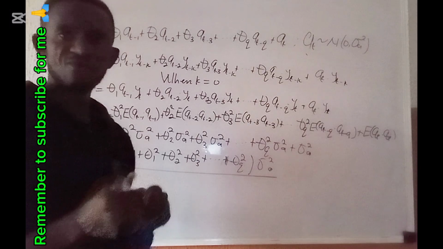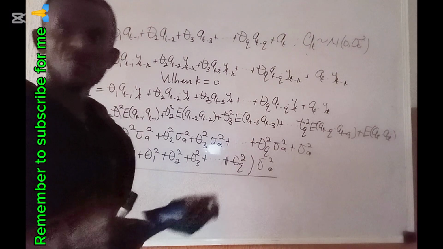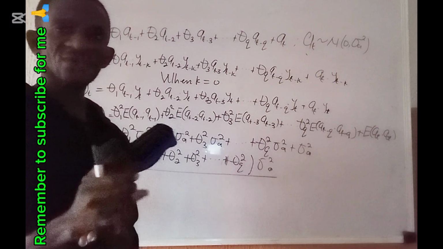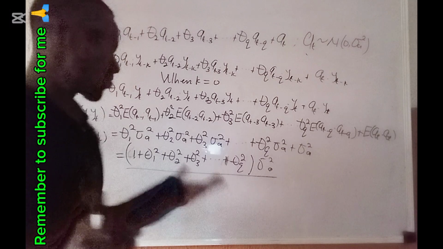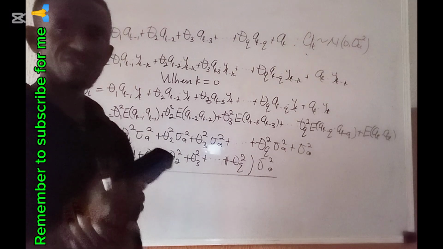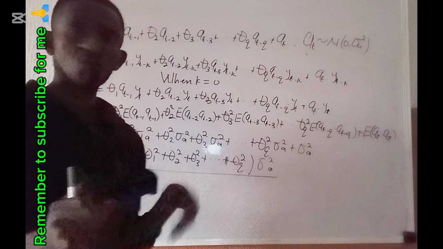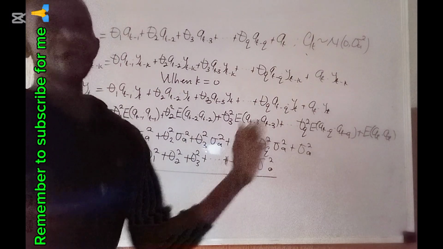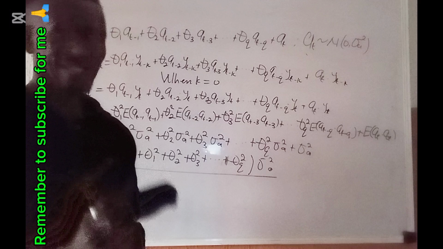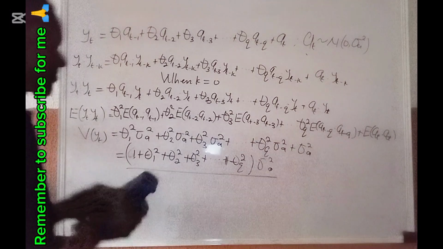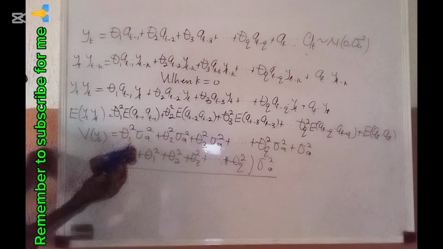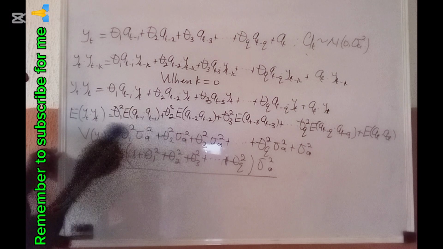Okay? So the autocovariance at lag 0 is the variance of the model, which one can see clearly from this. So we are going to show when k becomes 1, what is going to happen, so that we'll be able to have exactly the general representation of the autocovariance. So you permit me to clean these ones.